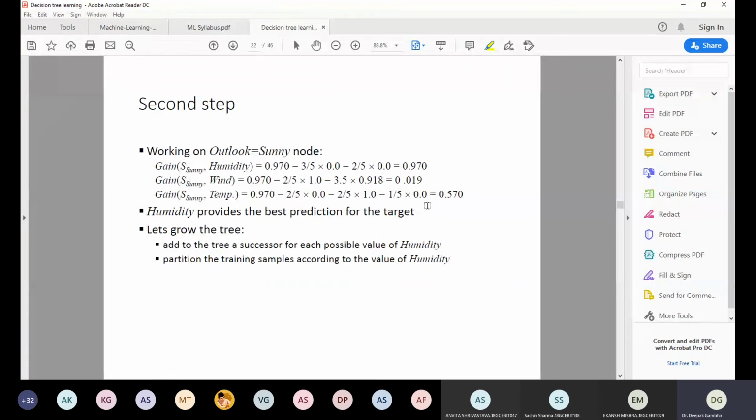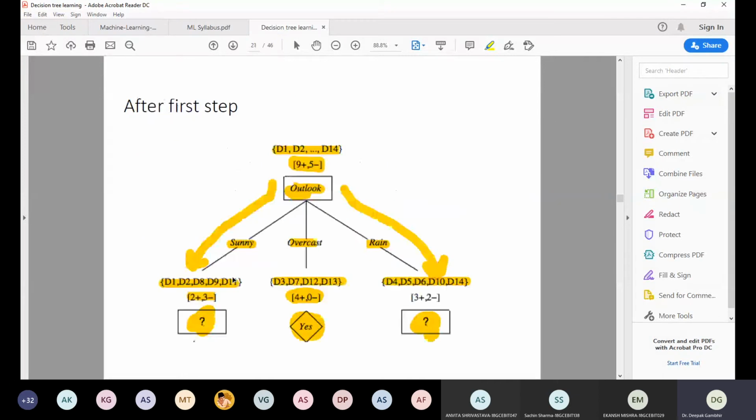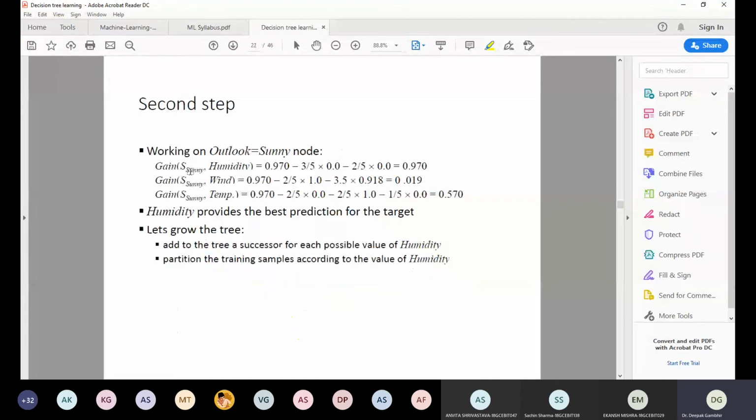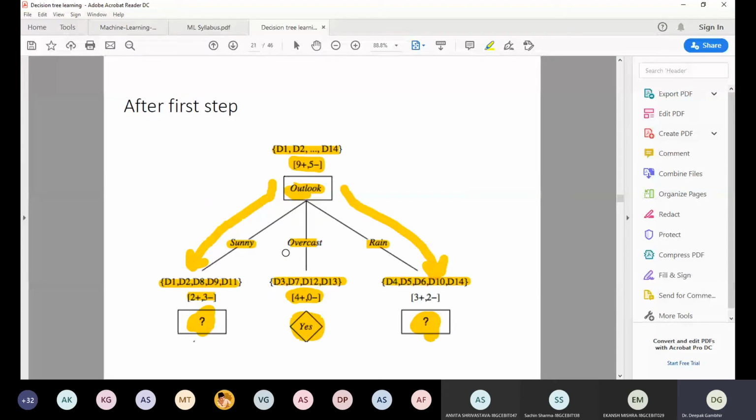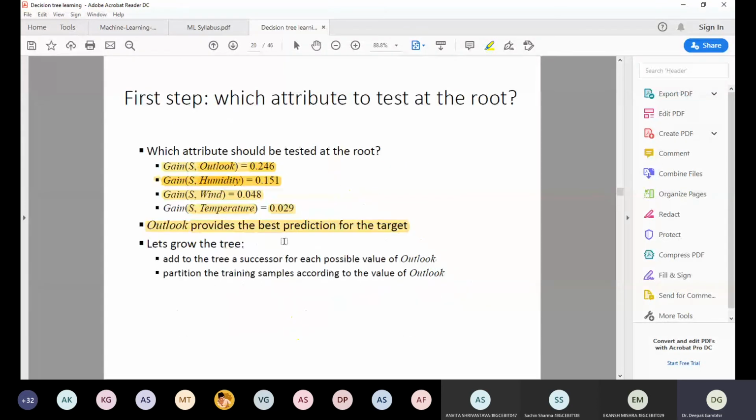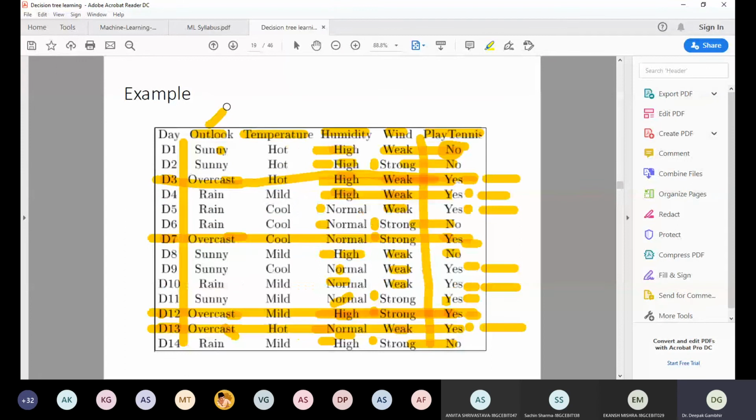To compute the next parameter, when it is chosen that it is sunny, we will fix outlook as sunny, and next we will compare with the remaining parameters: humidity, wind and temperature. We will compute the information gain with humidity, wind and temperature. Now outlook is sunny, so this parameter is fixed now, because this is going to be the root node.